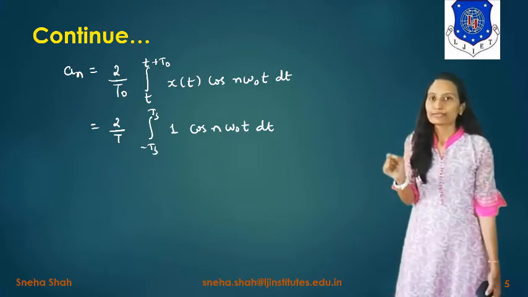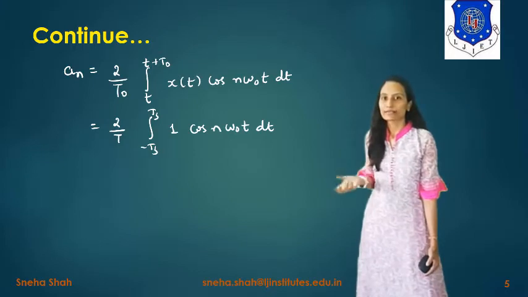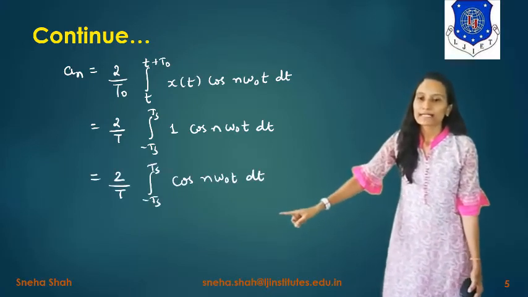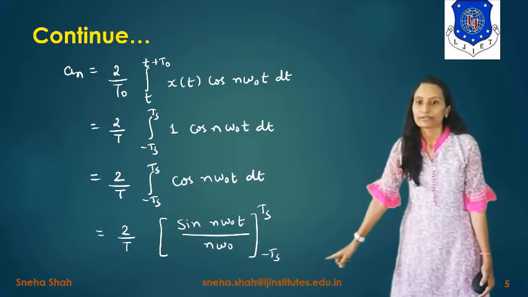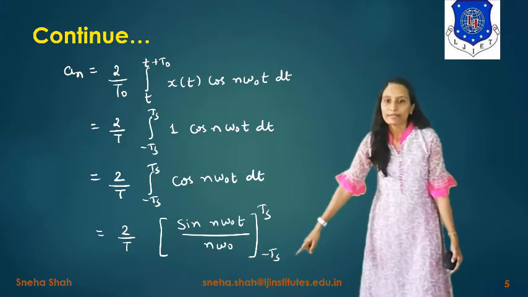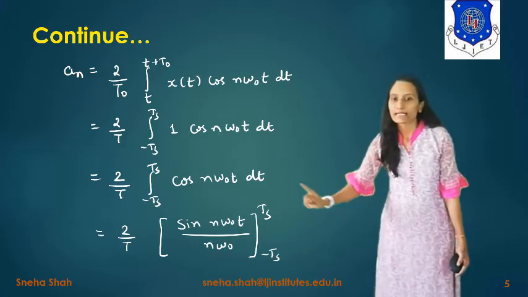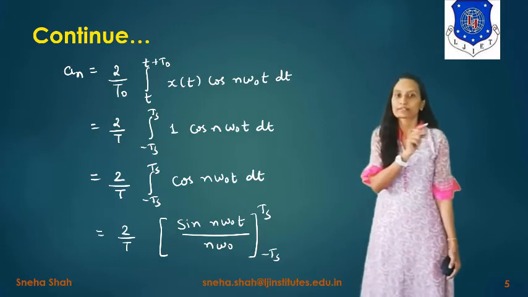Now, as you know, 1 into cos will give you the final answer as cos n omega 0 t. And the integration of cos n omega 0 t equals sin n omega 0 t divided by n omega 0. And the range will be minus Ts to Ts. Now, if we are putting this range over here, as you know, higher range minus lower range.